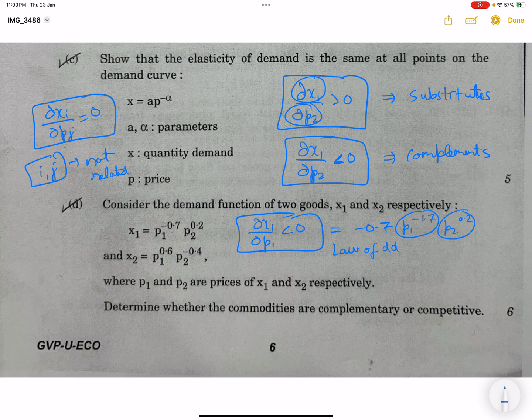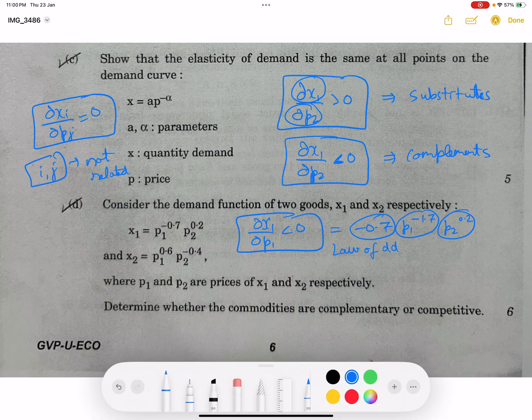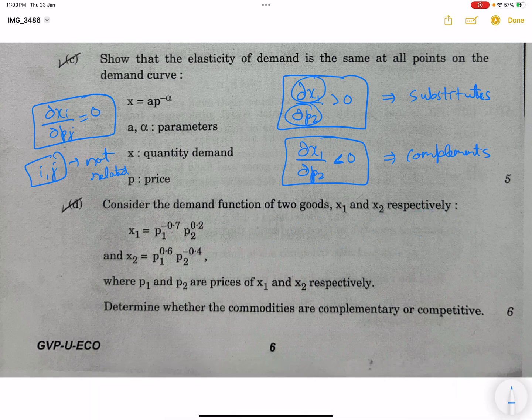This is positive, this is positive, this is negative. So the law of demand is being satisfied. But now we are supposed to find whether they are complementary or not. So del x1 by del p2 is 0.2 p1 to the power 0.7 into p2 to the power minus 0.8.